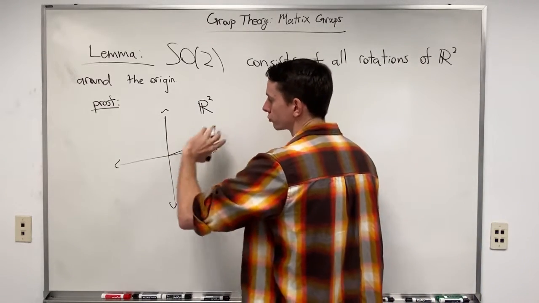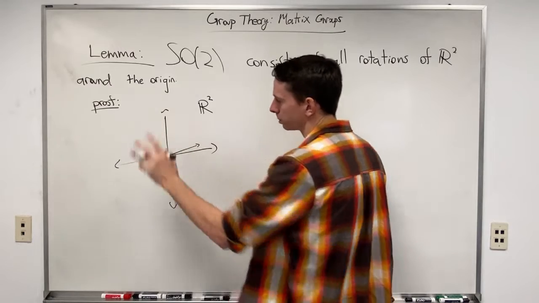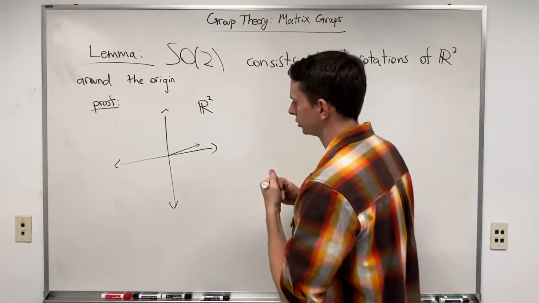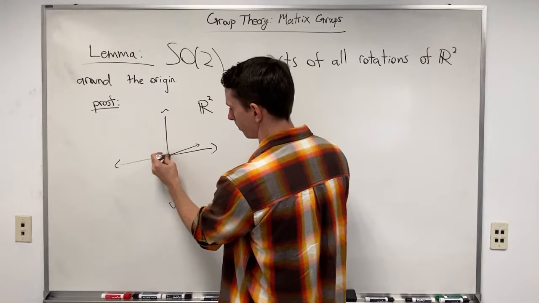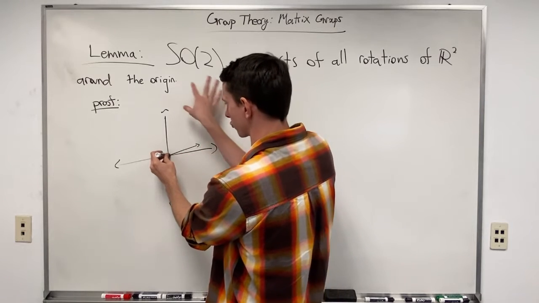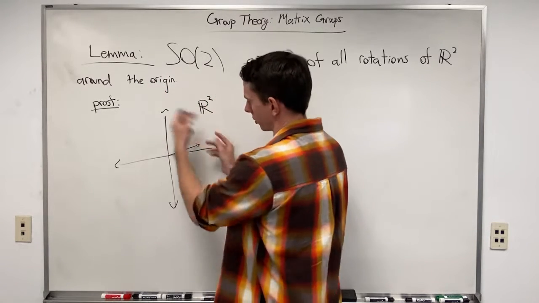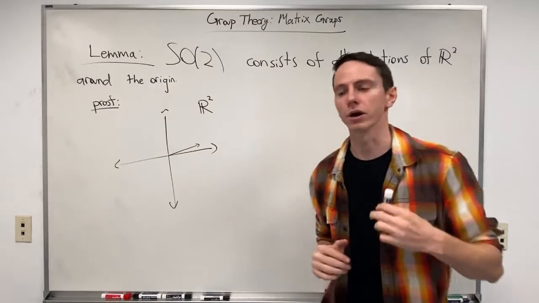And if I were to rotate this XY plane about the origin, you could imagine me almost taking a pin, putting it in the location of the origin, and then rotating space either clockwise or counterclockwise.